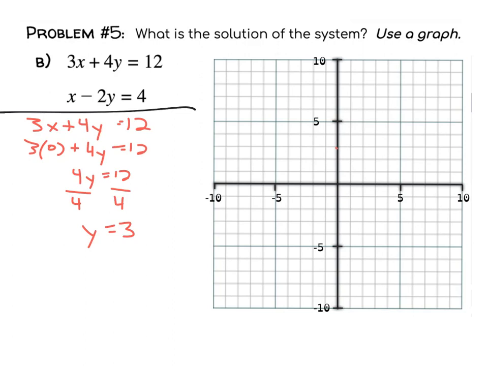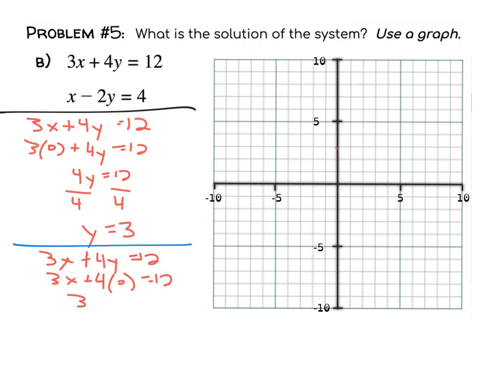And then I'm going to do the same thing with that equation. I'll do it in red still so that you can see the red line. You get 3x plus 4y equals 12. And when I substitute in 0 for y, you just get 3x equals 12.